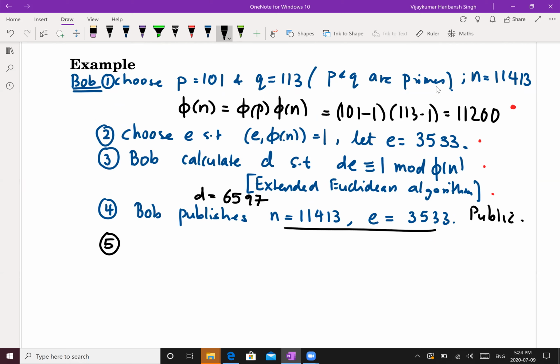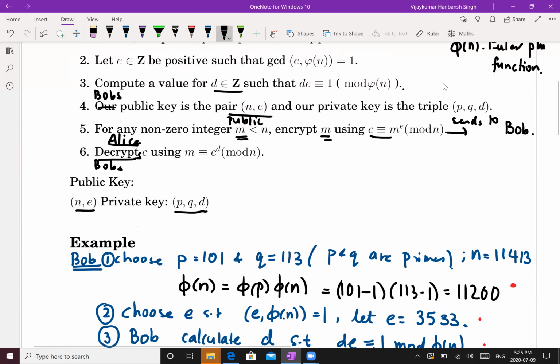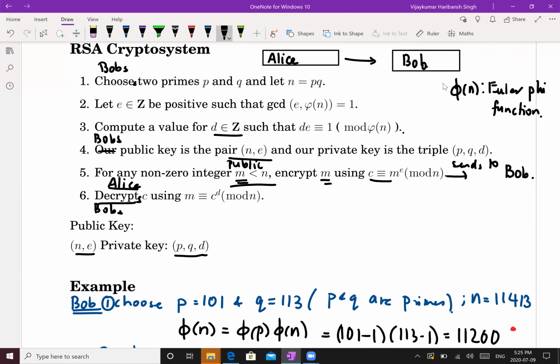Now suppose Alice wants to encrypt a message, say 9726. While choosing the message, all I want is that this message has to be less than n.